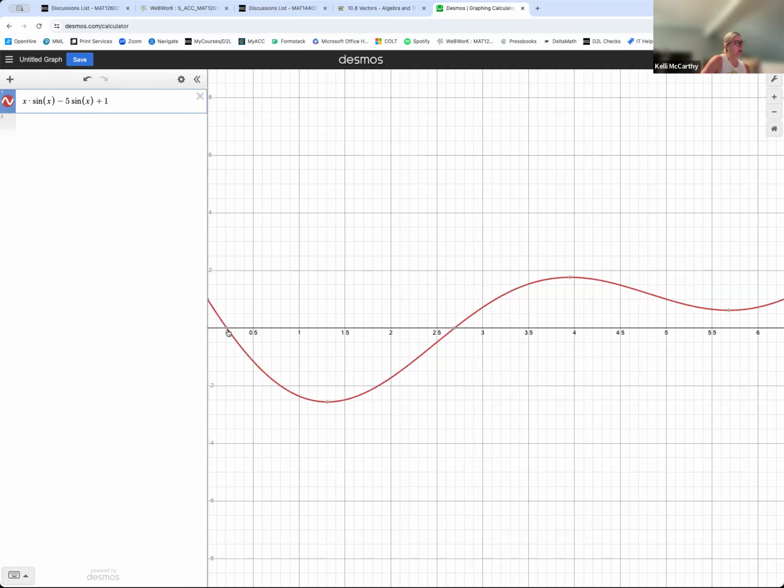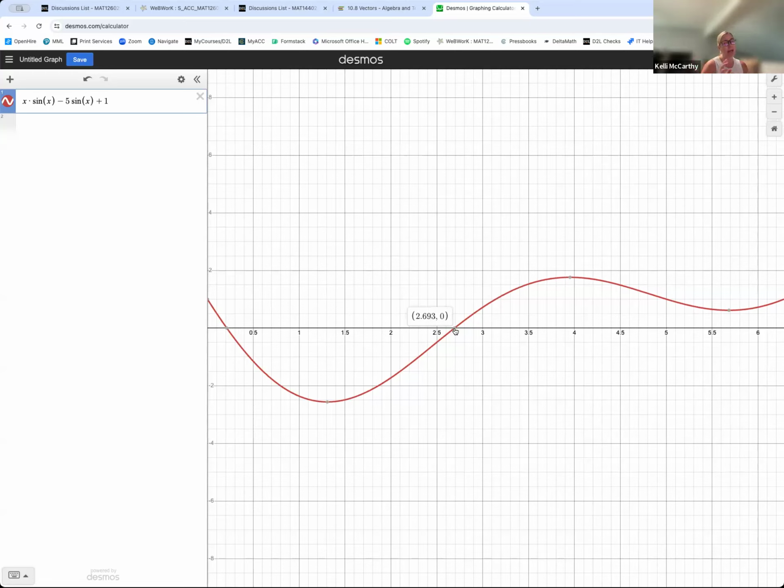If I click on my graph, Desmos will give me that exact solution. So I can see that x is equal to 0.21. And then I can also look at this other point. That's 2.693.